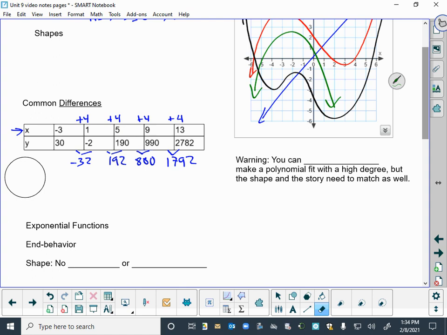So, first differences, if they are all equal, then this is linear. That's not the case here, so we're going to try again with these sets of numbers.